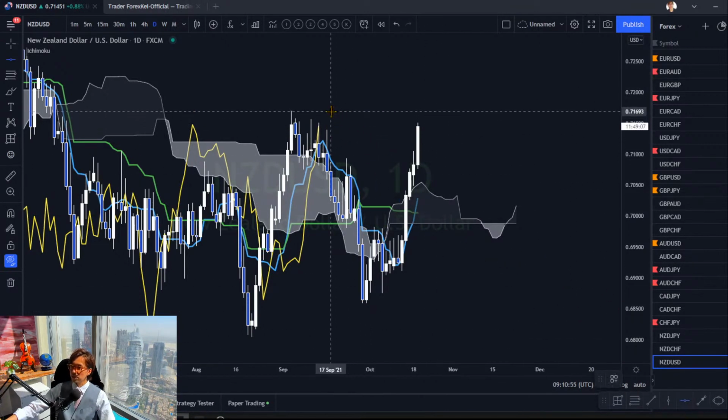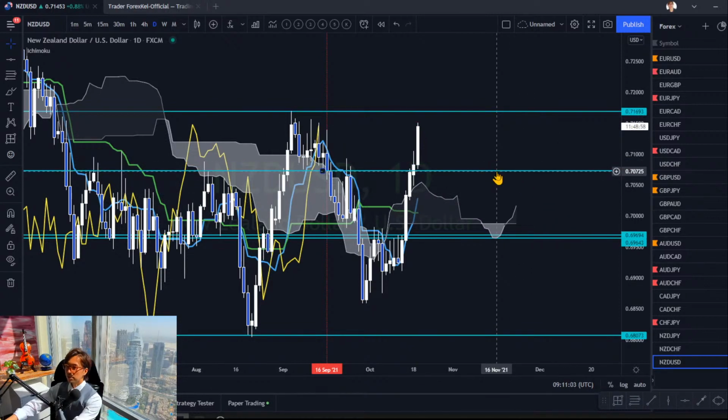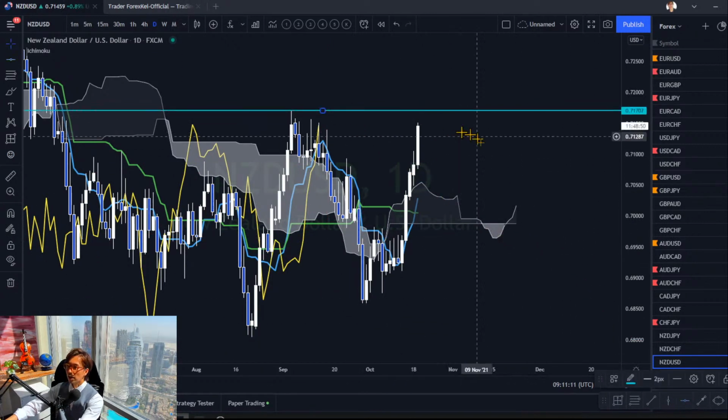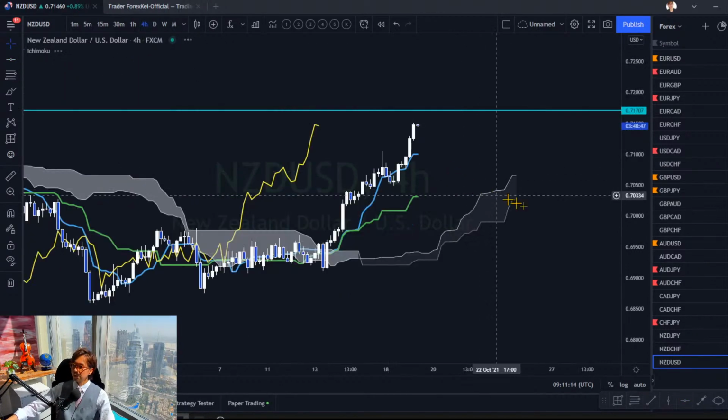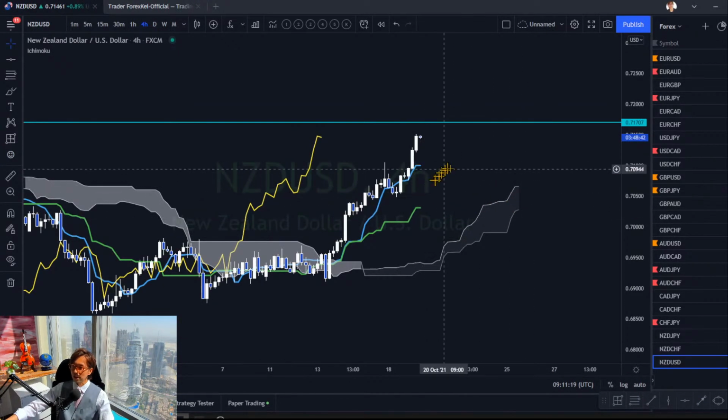But the price is near the resistance level also at 69, so it may retrace. But let me delete all lines and only have this line and look at the forward chart. Okay, in the forward chart, now Kumo is flat, Kijun Sen and Tenkan Sen are flat. So it may retrace back to Tenkan Sen, bounce and go up in that direction. But once it breaks the Tenkan Sen, then you better exit, is my view.